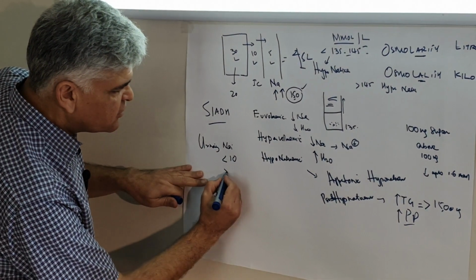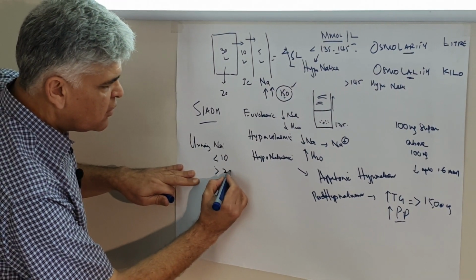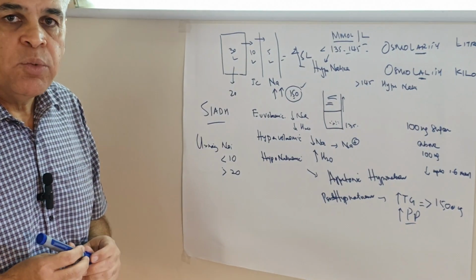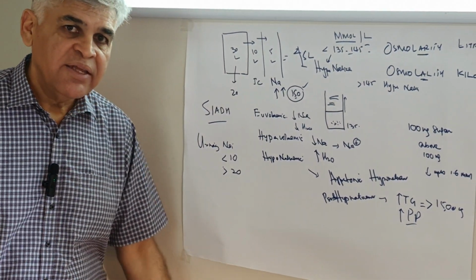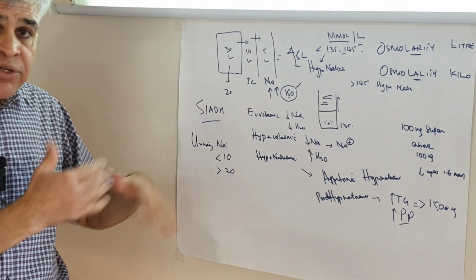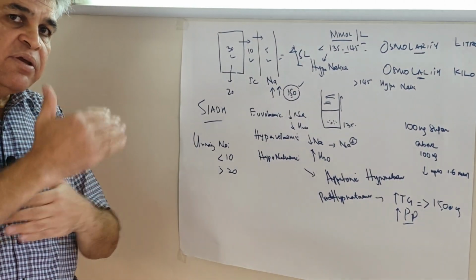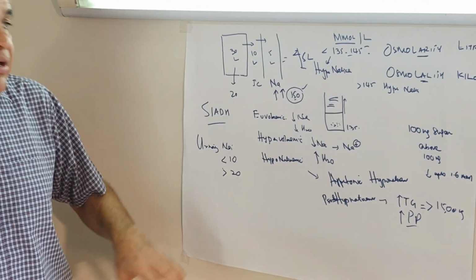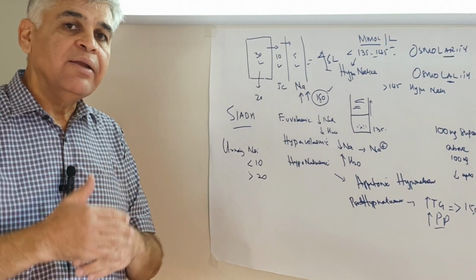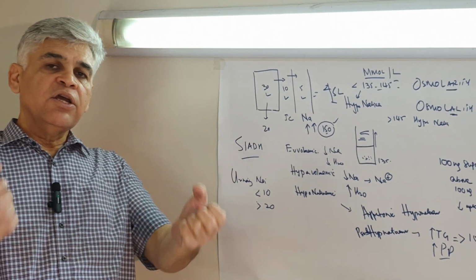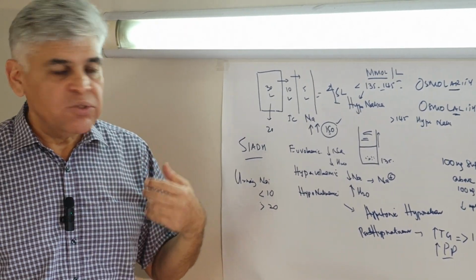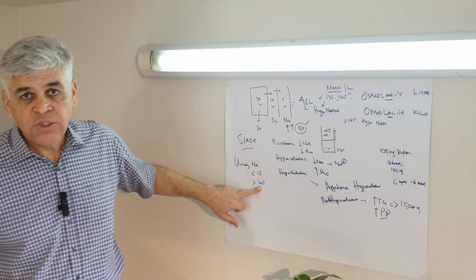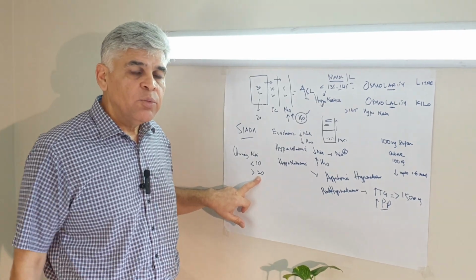In SIADH, you will see a value greater than 20 millimoles, though it can be entirely normal as well. It depends on the degree of SIADH. So it can be less than 10, between 10 and 20, or greater than 20, and this way you can tell whether they're retaining lots of water. SIADH will typically have a urine sodium greater than 20.